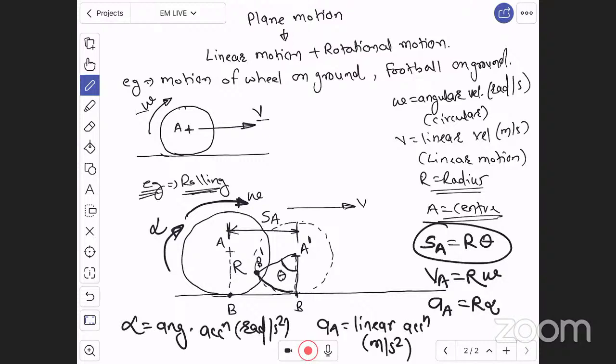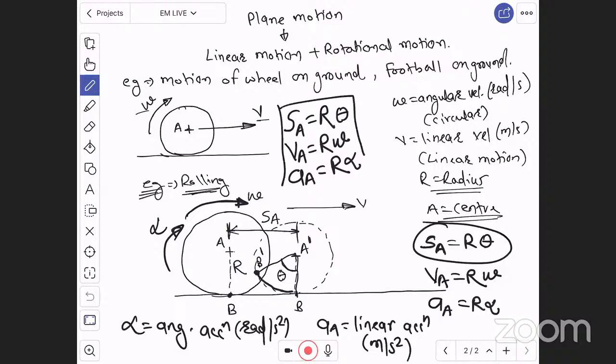Therefore, for center point of wheel, the linear displacement is radius of wheel into angular displacement. The linear velocity of center of wheel is radius of wheel into angular velocity. The linear acceleration of center point of wheel is radius of wheel into angular acceleration. These are the very important results for center point only.